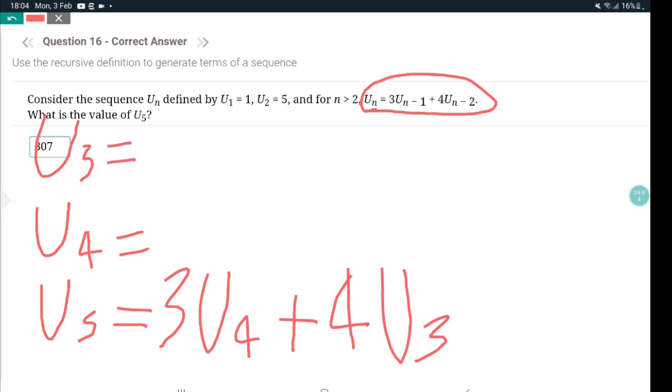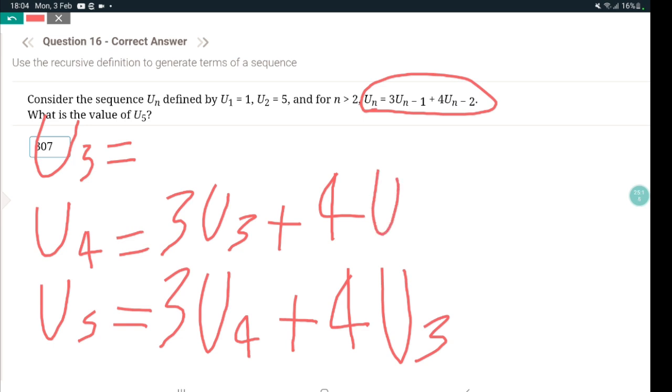So let's find u4 first. It's 3 un minus 1, which in our case is 4 minus 1, so 3, plus 4 times n minus 2, which is 2.